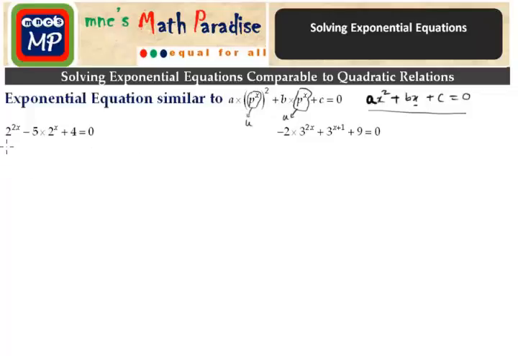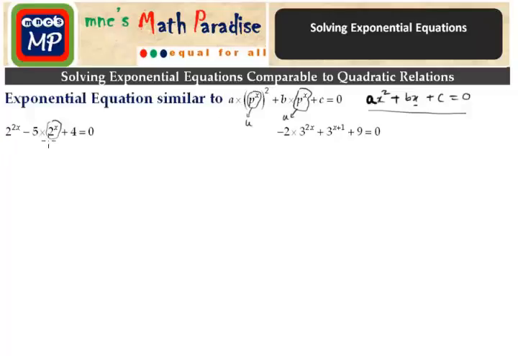So here the first equation is 2 to the power twice x minus 5 times 2 to the power x plus 4 equals 0. Here the exponential term p to the power x is 2 to the power x. We need to convert this 2 to the power twice x into p to the power x square, that is, a square term.